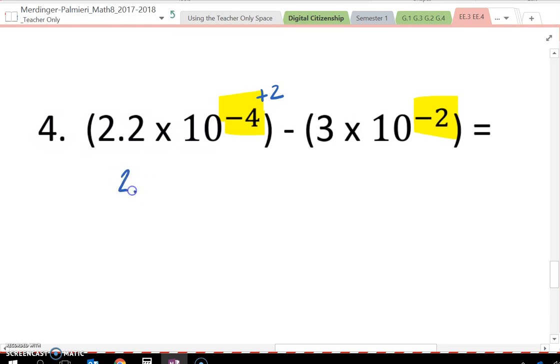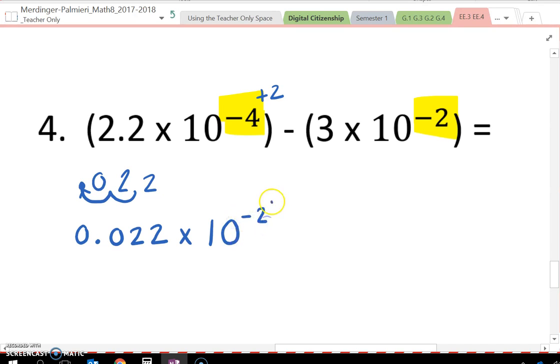So I have 2.2, and moving 1, 2, and adding a 0 there. So my new first factor is 0.022. This is times 10 to the -2nd power. And I'm subtracting that from 3 times 10 to the -2nd power.